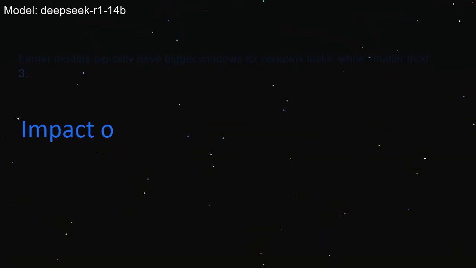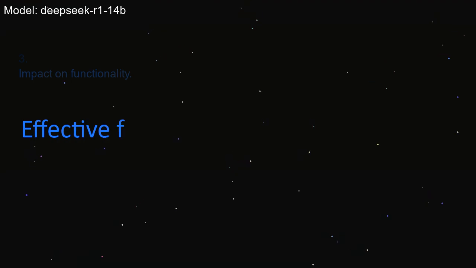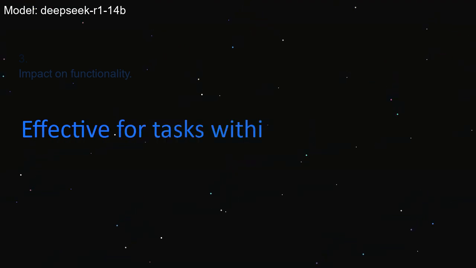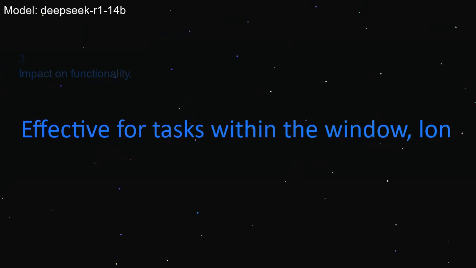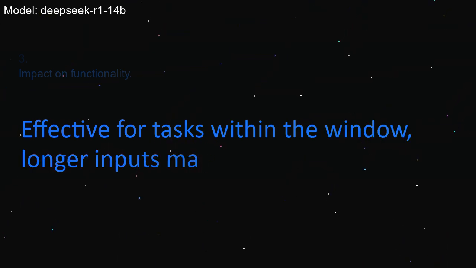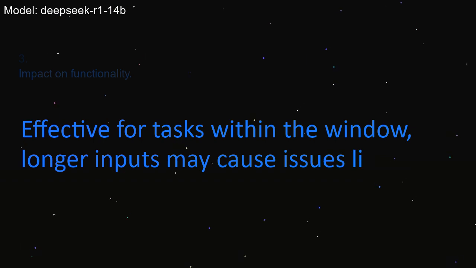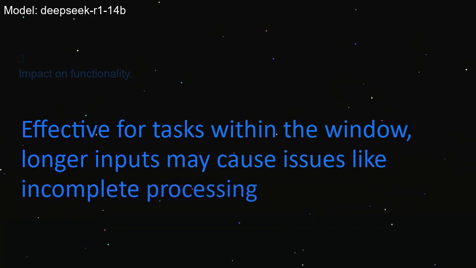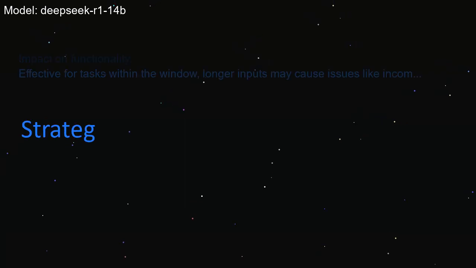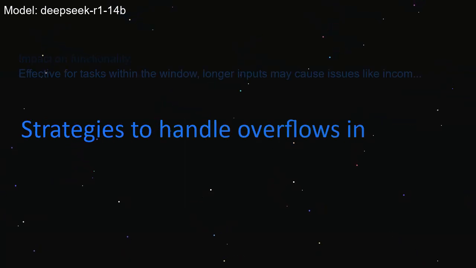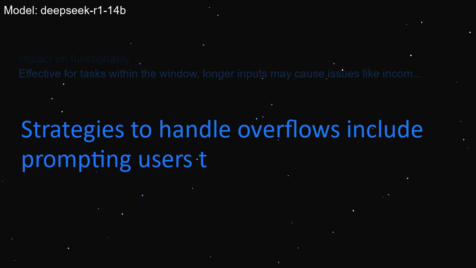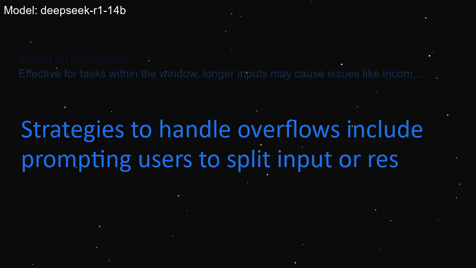3. Impact on functionality. Effective for tasks within the window, longer inputs may cause issues like incomplete processing or inaccuracy. Strategies to handle overflows include prompting users to split input or resetting conversations. 4.